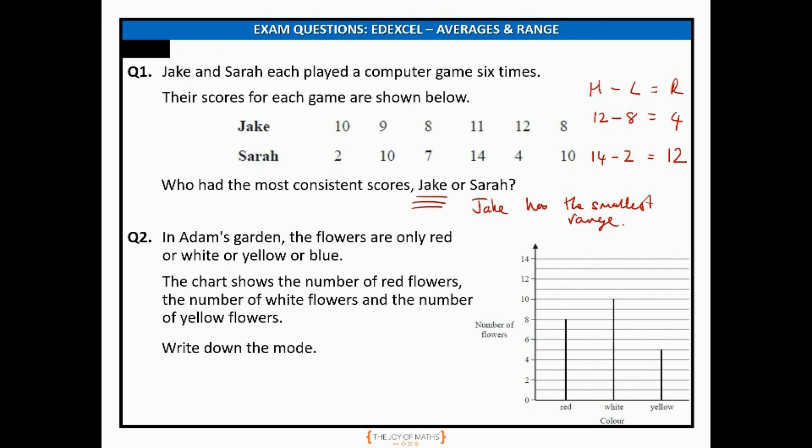In this one, we've got 8 red flowers, 10 white, and 5 yellow. White is the mode, as that is the most common coloured flower in his garden.